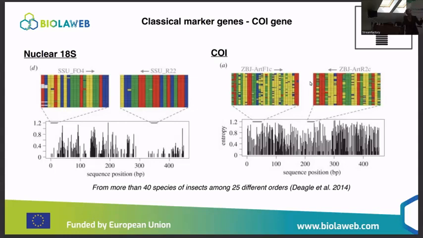But for the graph on the left, you will see, for instance, in this column that you have many more different bases, and the entropy will be higher. That's just a way to represent the variability of the sequence. And you do this all along the gene for each position. So here is the graph for each position of the nuclear 18S, for instance.